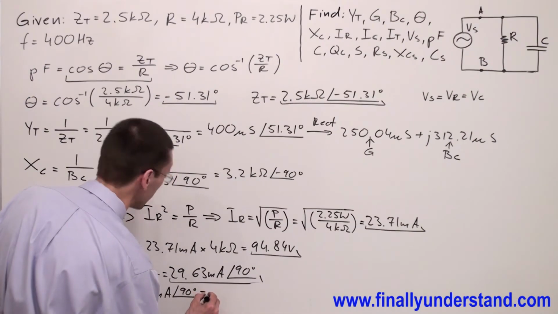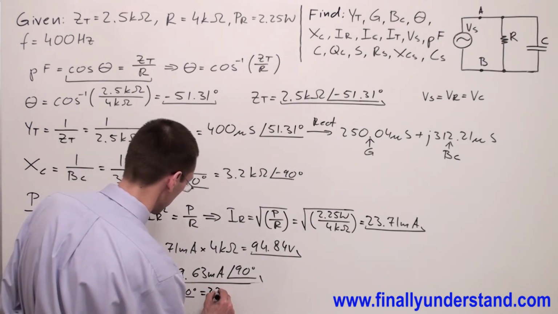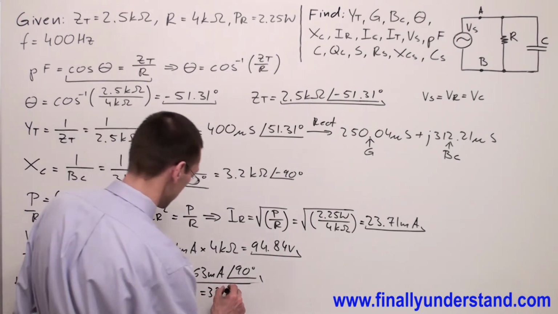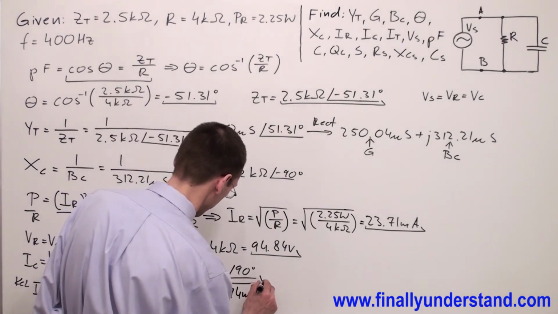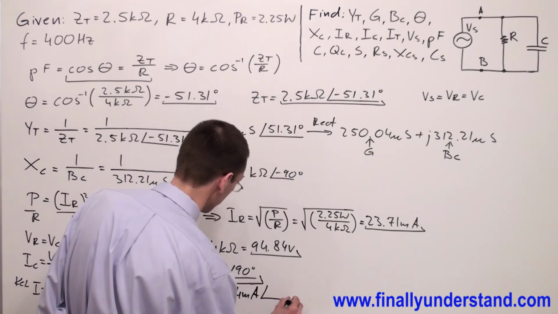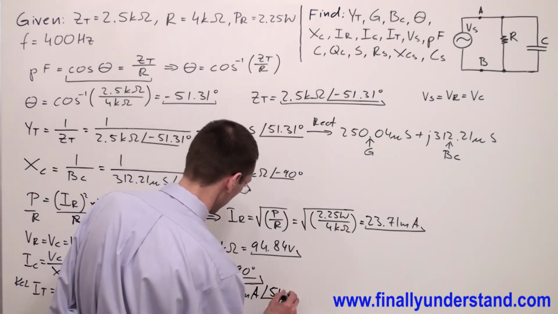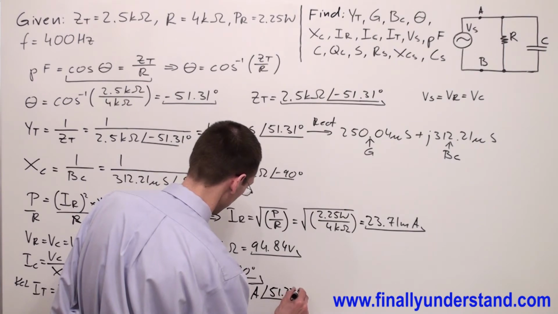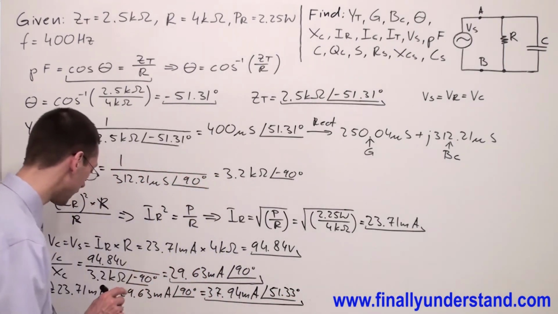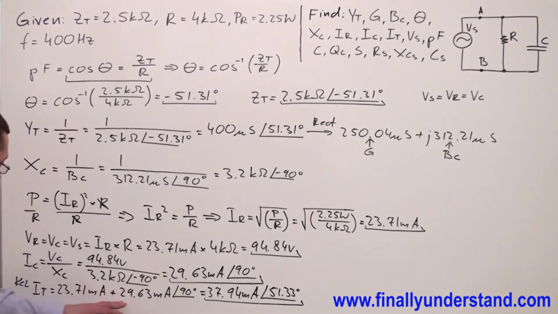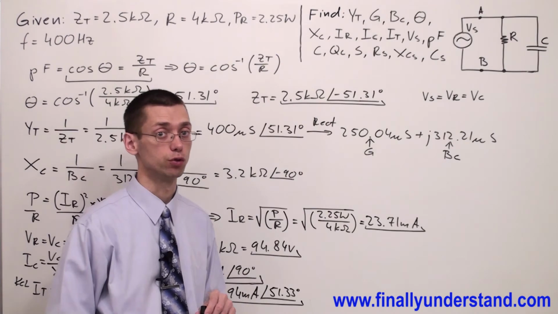This is equal to 37.94 milliamps and angle of 51.33 degrees. Okay, this is the I total obtained from the addition of current which goes through the resistor and current which goes through the capacitor.